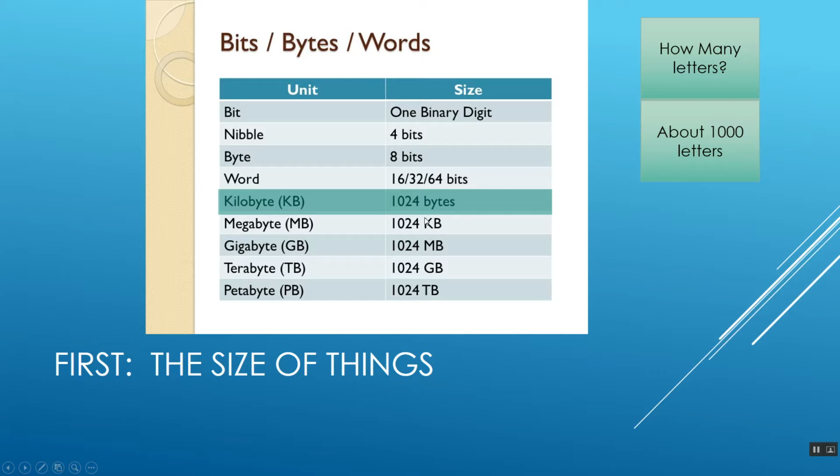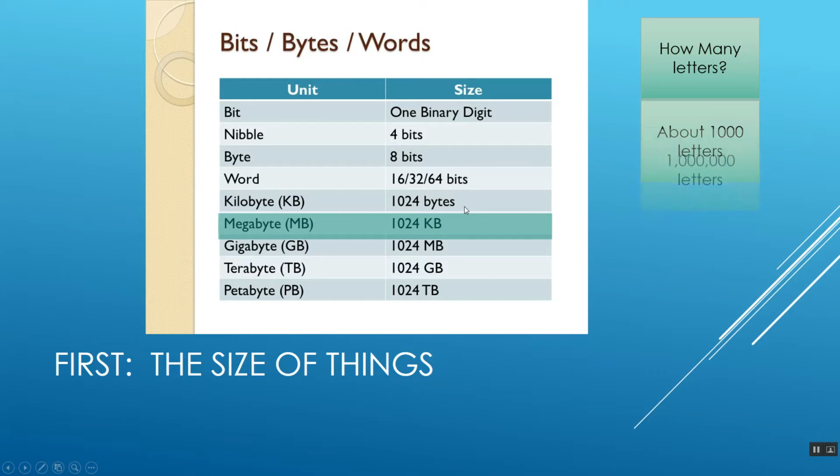Now every time we move up, we're going to go up by a magnitude of 1,000, basically. So 1,000 times the previous is our next unit of measurement. So a megabyte is 1,000 or so kilobytes. So that means if we typed 1,000,000 letters into a document, we'd have a megabyte of information.